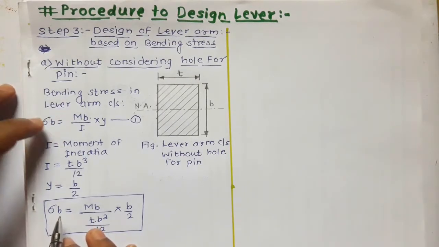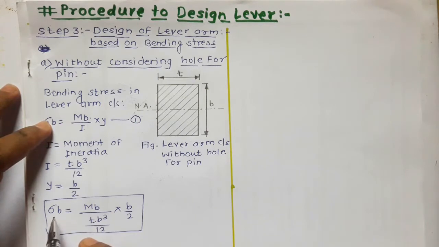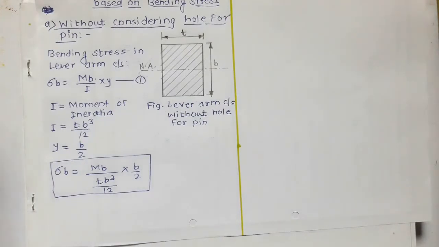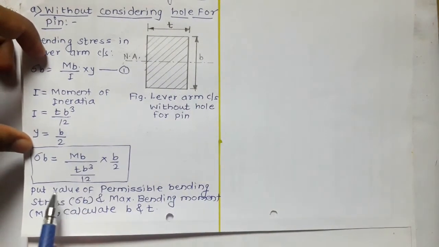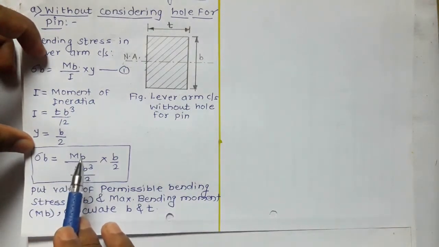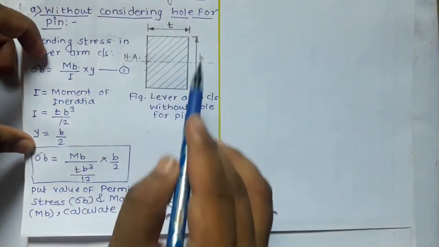So while solving the numericals, in substep number 1 we have to put the value of permissible bending stress and the value of maximum bending moment here, and calculate both the width and thickness of this lever arm cross section.